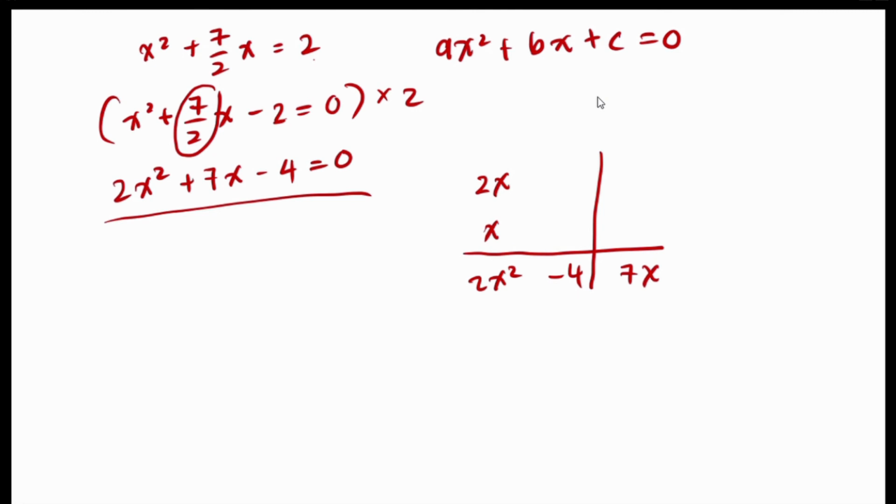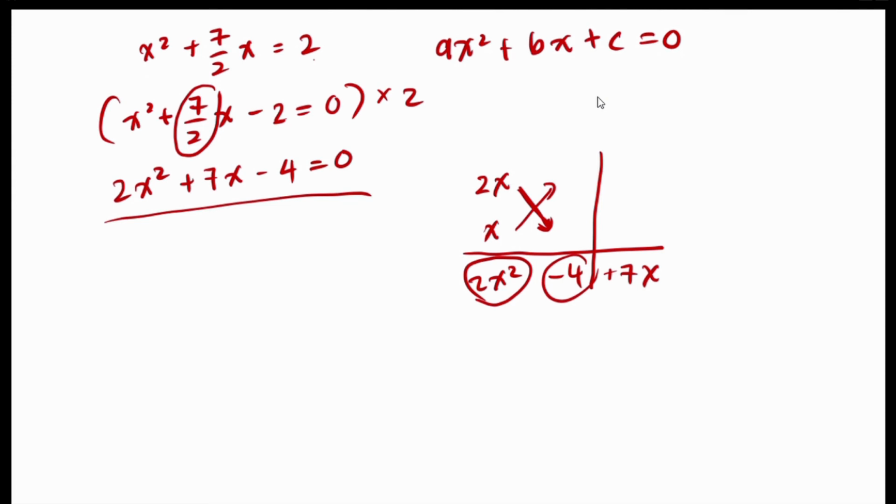Okay, we need to consider so that we get positive 7x if we add the products of the multiplication of the factors of 2x squared and negative 4.